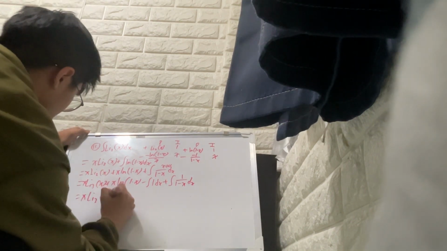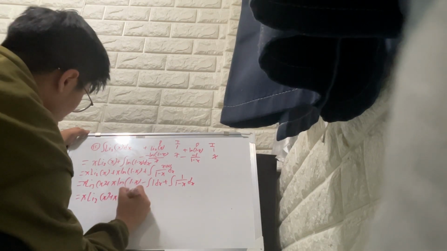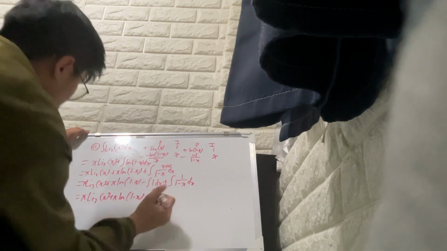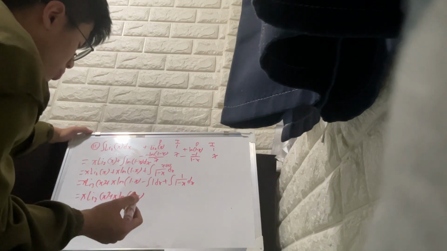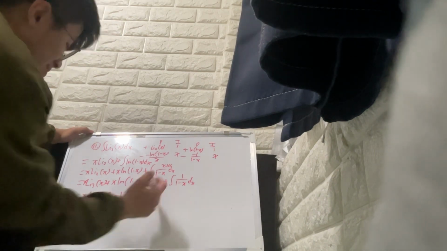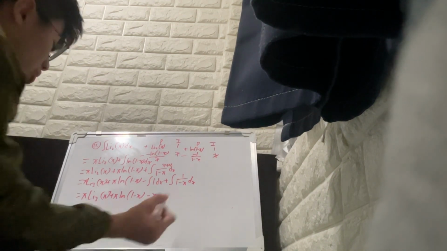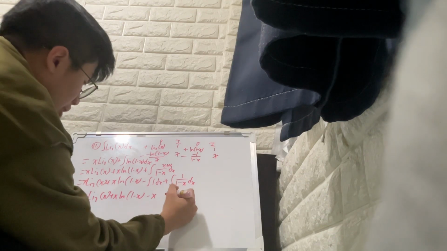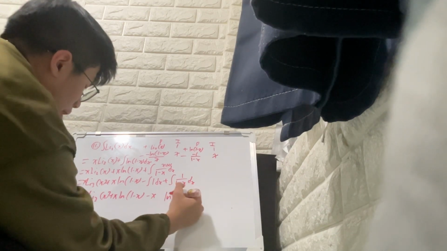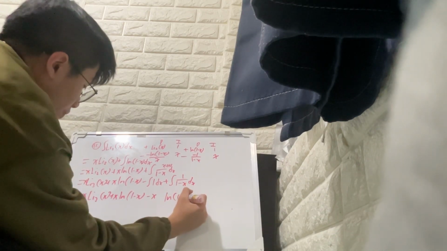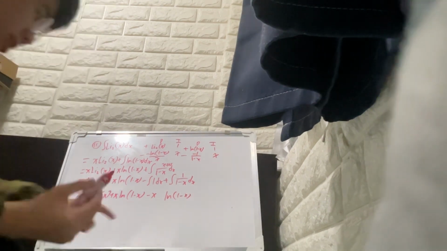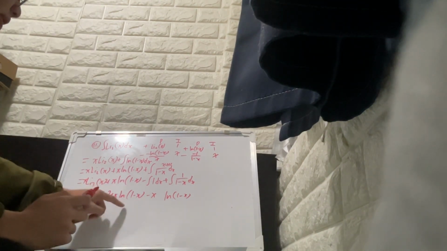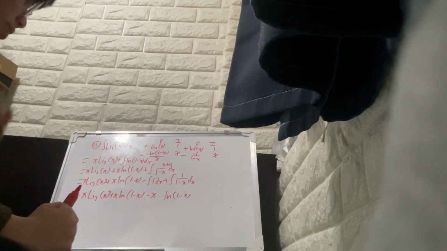So ladies and gentlemen, just one question. We need to use the whole whiteboard. You get x. And then here, we just need a parentheses here: ln of parentheses of 1 minus x, because you see this, we don't have absolute value here.